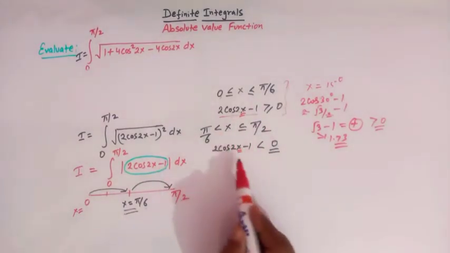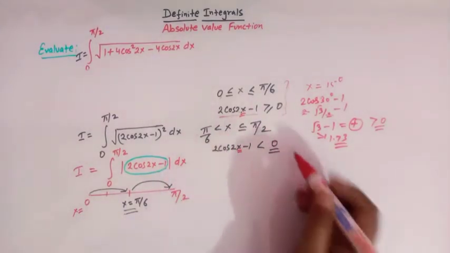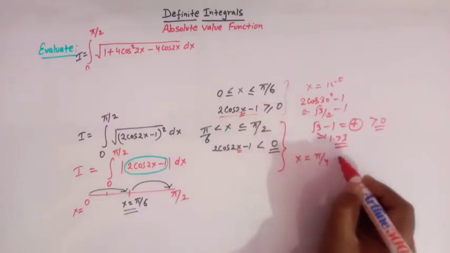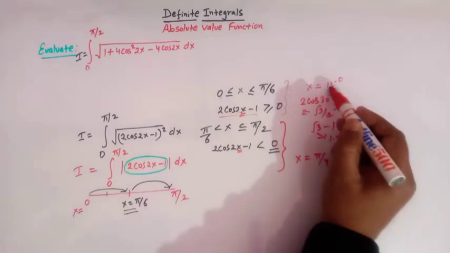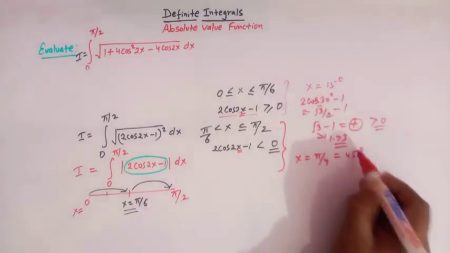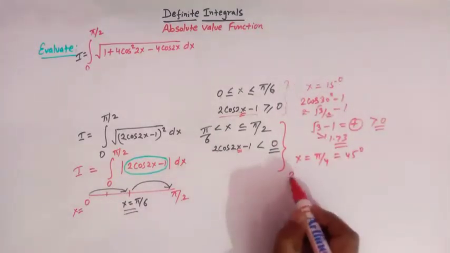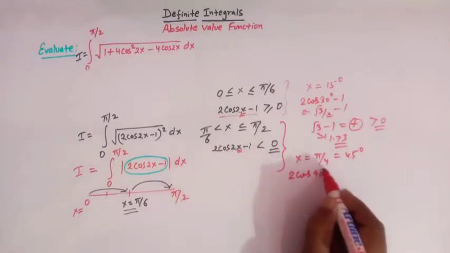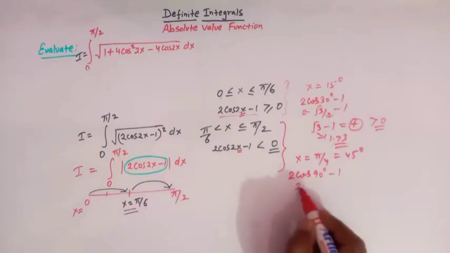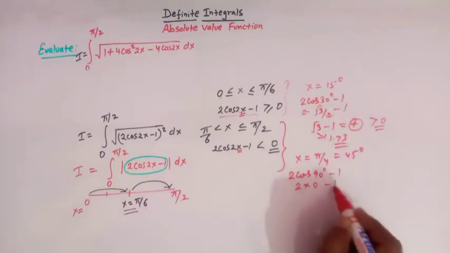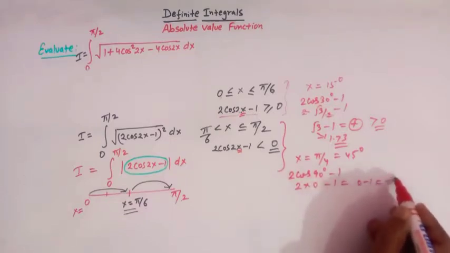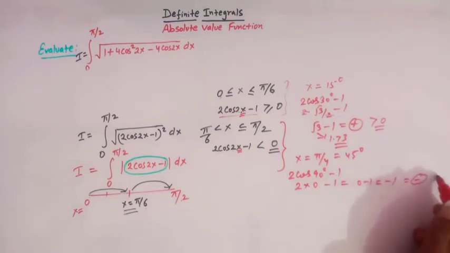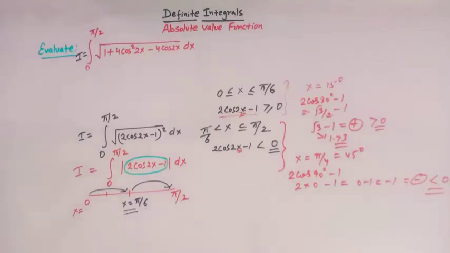Now let us come to this one, and here let us take the value of x as say pi by 4, that is 45 degrees, right? So 2 cos 2x, so x is 45, so here we have 90 degrees minus 1, and cos 90 is 0, minus 1, so we have 0 minus 1, that is minus 1. So obviously this is a negative quantity, that is less than 0, right?